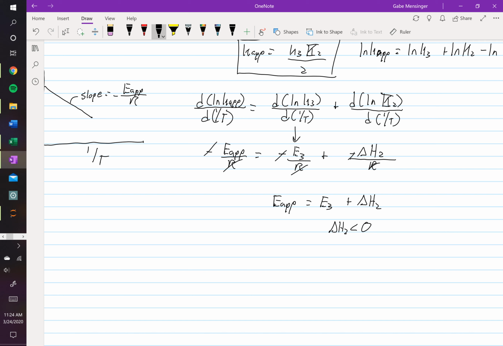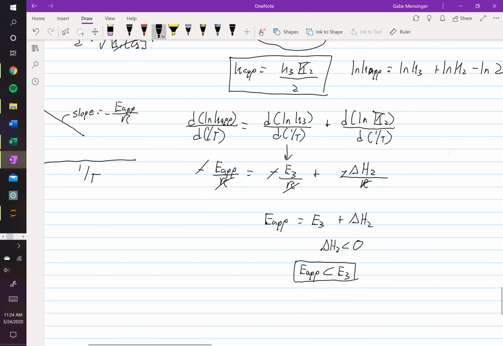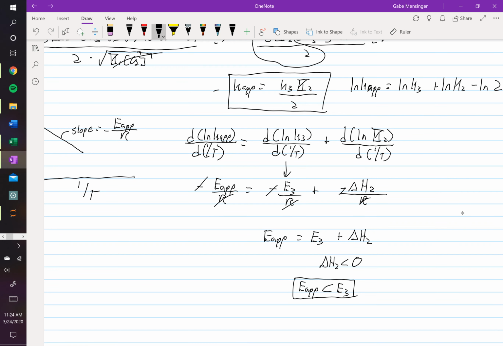Because of that, we can say that E apparent is going to be less than E3. And ultimately, for part C, that is what we are looking for.